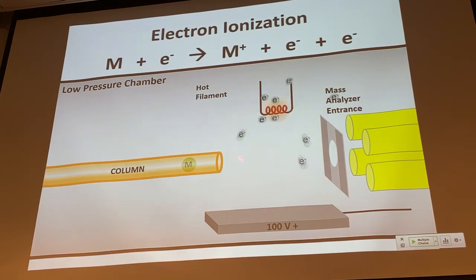And as it flows into the chamber, it's then going to get hit by one of these high energy electrons, which will knock an electron off and turn it into an ion that then gets accelerated into the mass analyzer. So here we go, ionization, and now it gets analyzed, okay? If you want to see that again, ionization, and now it's getting analyzed, okay? This figure is available on Learning Suite, so you can play with it at home if you would like to.